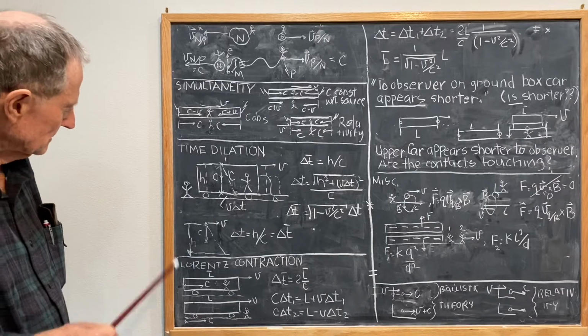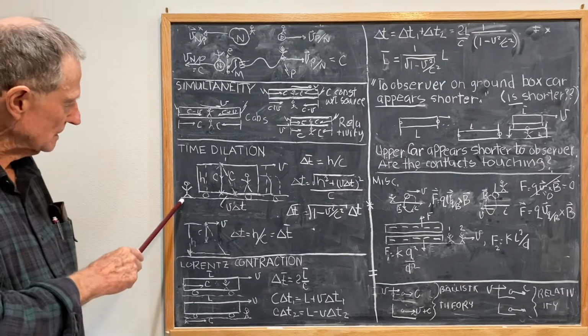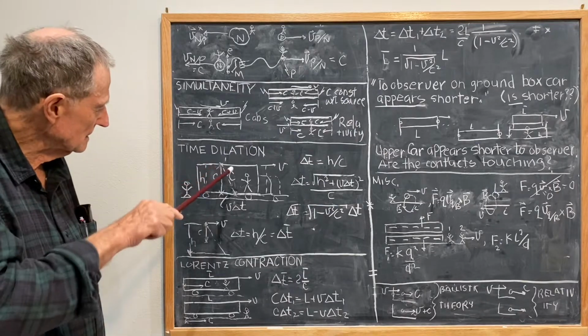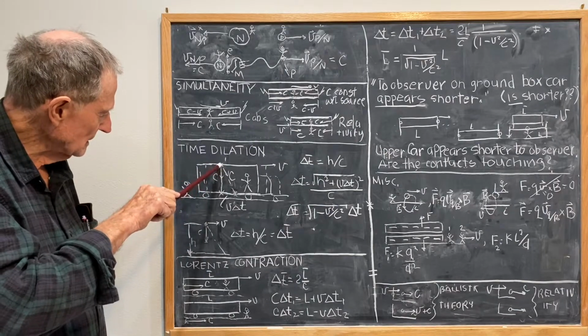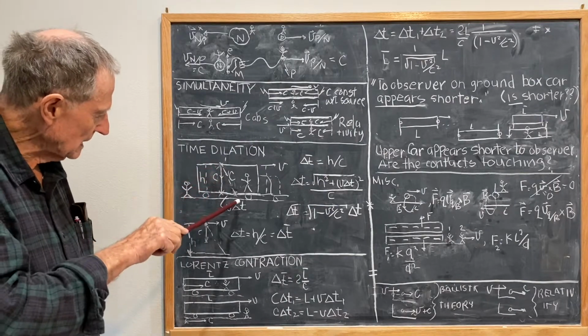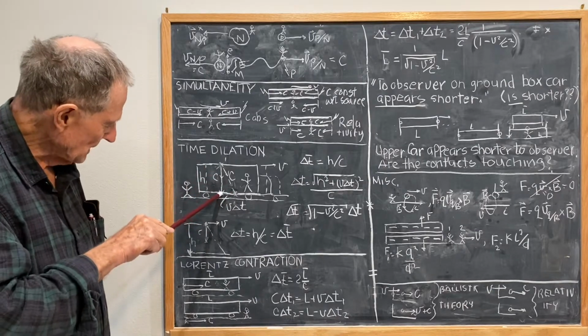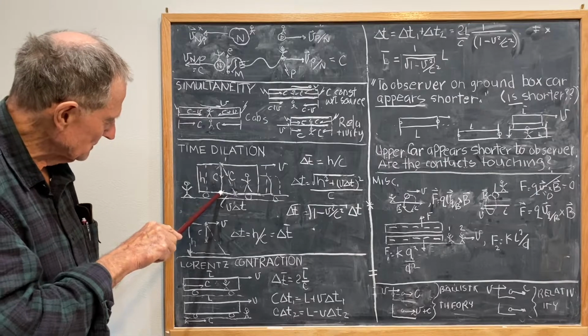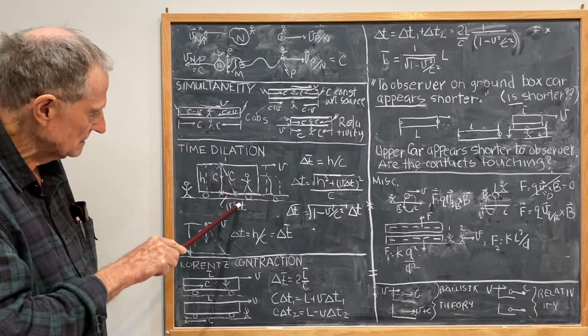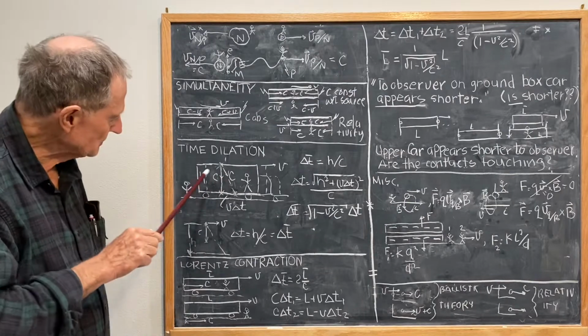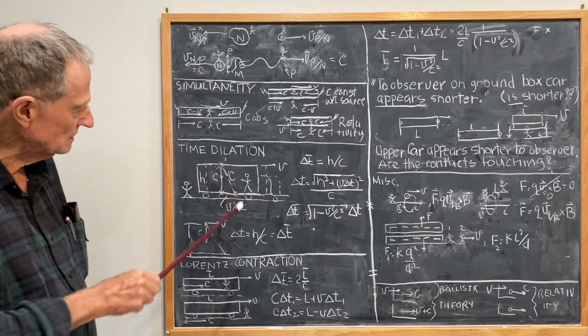On the other hand, an observer on the ground sees the initial flash at this point, and then sees the light hit this point, but by the time the light has gotten here, this point has moved the distance v delta t, so the path of the light to the observer on the ground is this distance here.